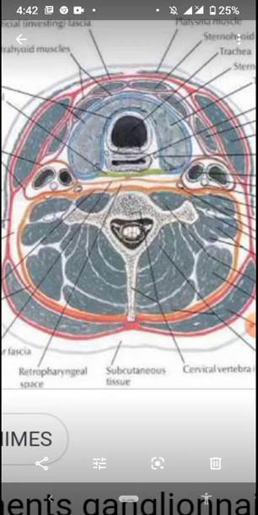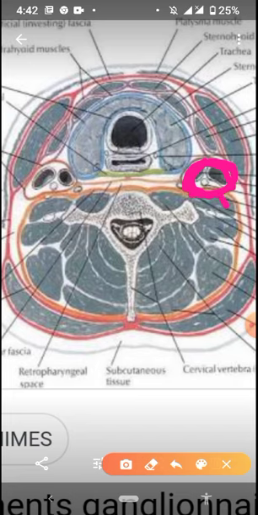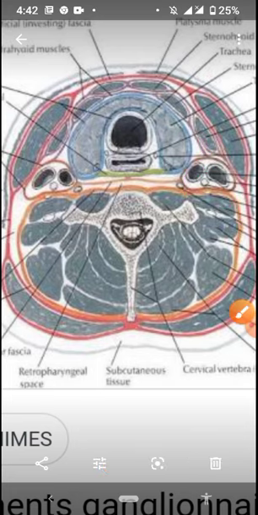Now I'm going to tell you about the carotid sheath. What is the carotid sheath? It is a combination of the prevertebral layer from here, the pretracheal layer from here, and the investing layer from here. All three layers combine to form the carotid sheath. And what is inside the carotid sheath?